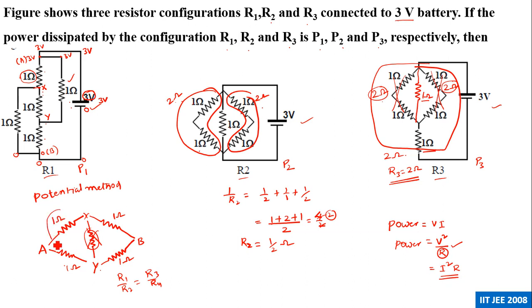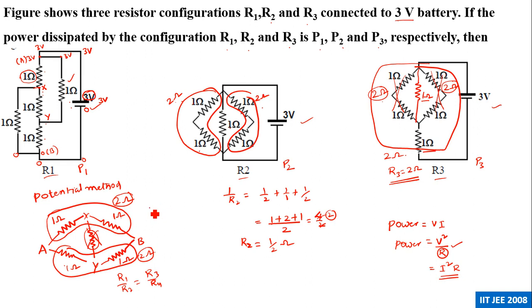Then if you see properly, these two resistors are in series, and these two resistors are also in series. So you can say 1 plus 1, 2 ohms. Here 1 plus 1, 2 ohms. Just now we have discussed in the first R3 case also that if two identical resistors are connected in parallel, it will become half of it.